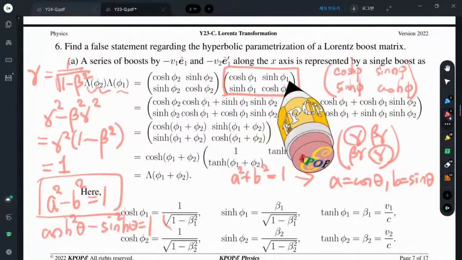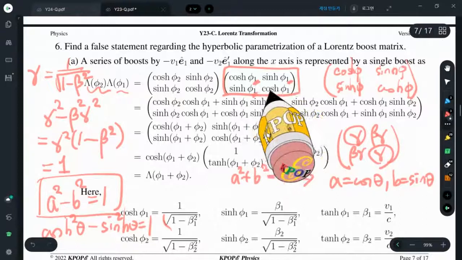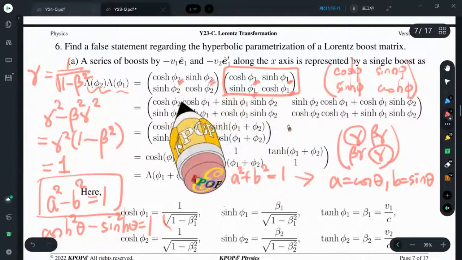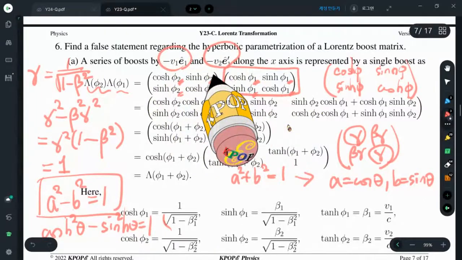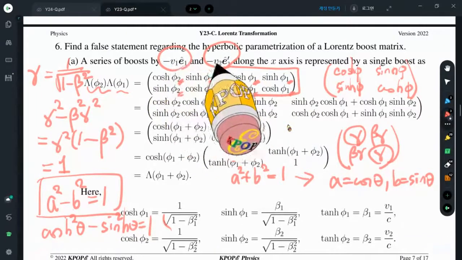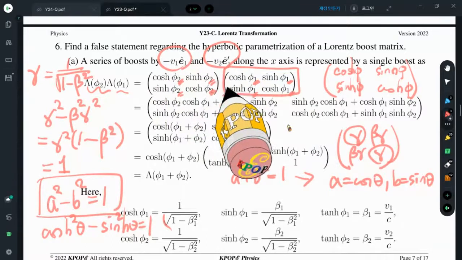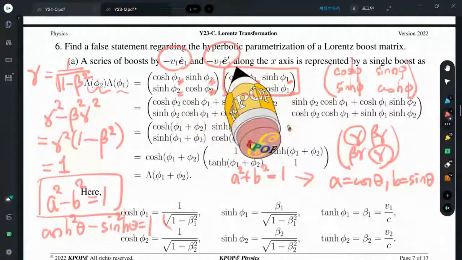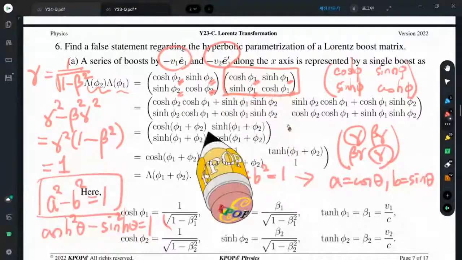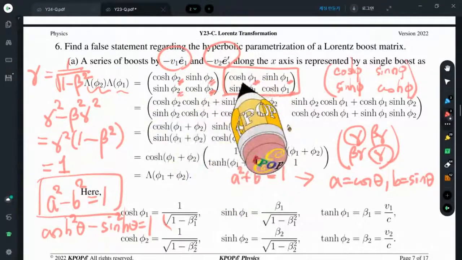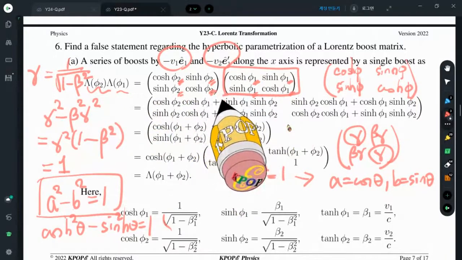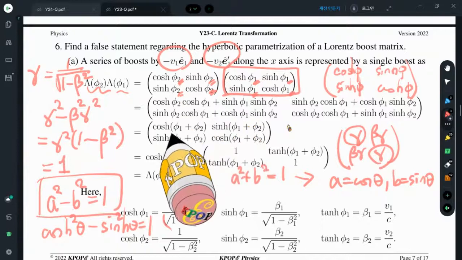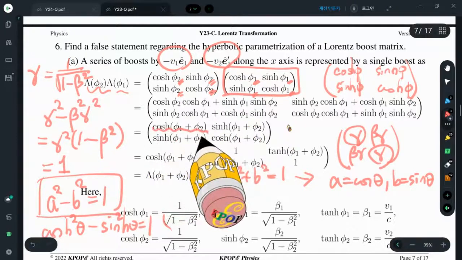Cosine hyperbolic, sine hyperbolic, and with another boost. So this is a series of boosts, relative velocity v1 and relative velocity v2. This series of boosts along a single axis will give, if you multiply two matrices, cos cos plus sine sine. What's that? High school students know that it's cosine hyperbolic phi 1 plus phi 2.